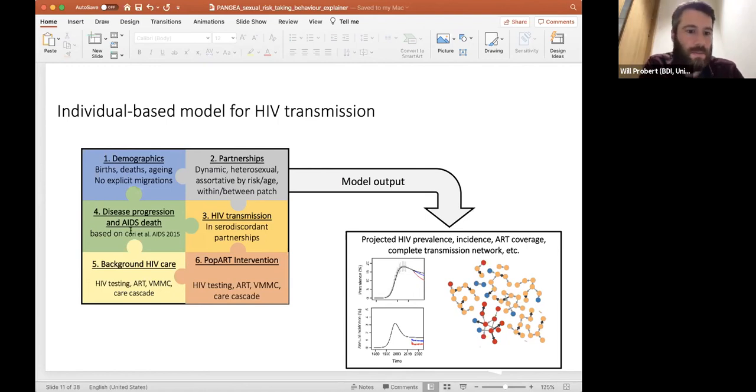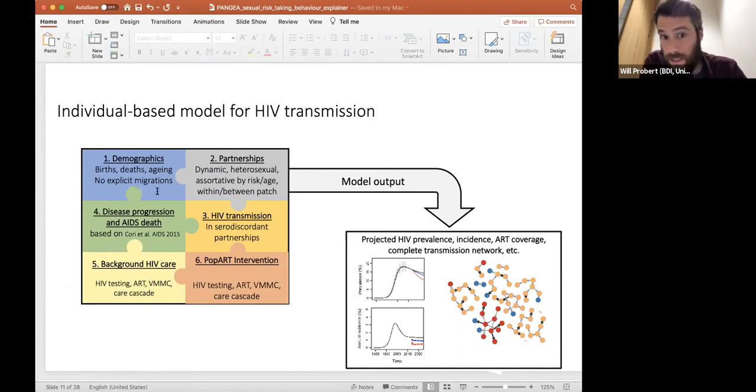HIV transmission was modelled, along with disease progression and AIDS death, and there was both a background HIV care cascade and a Popheart intervention that was modelled. Both of these included HIV testing, antiretroviral therapy, and voluntary medical male circumcision.